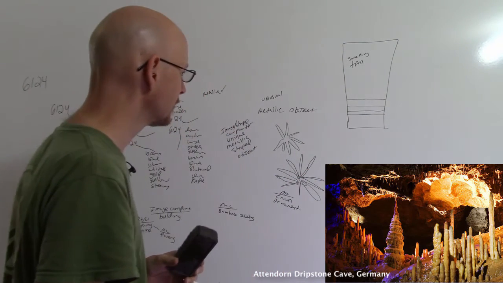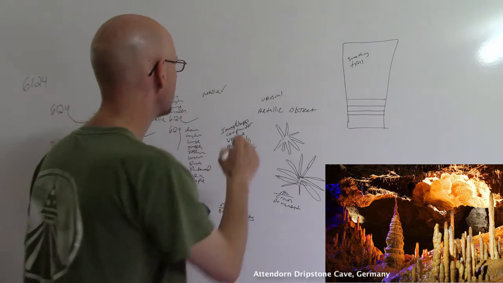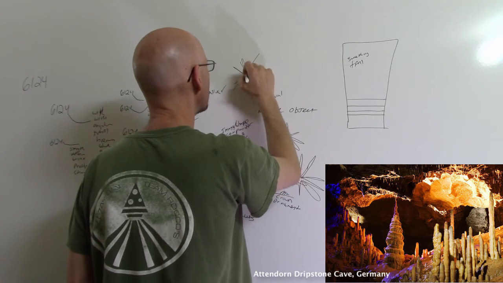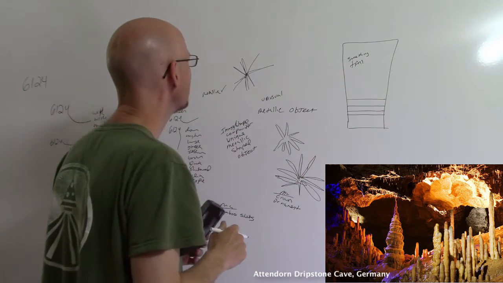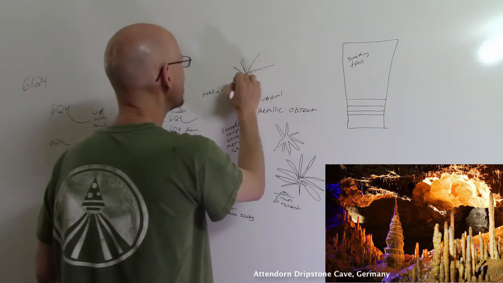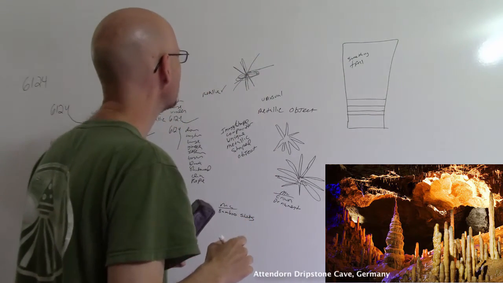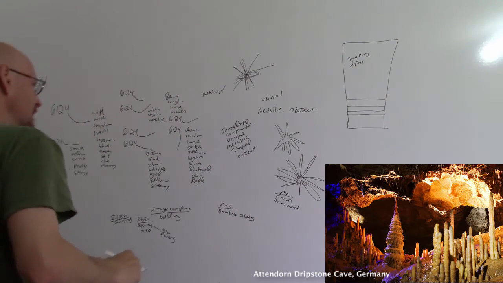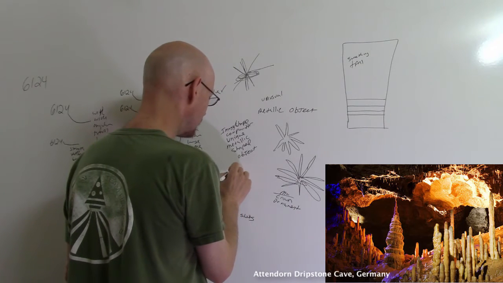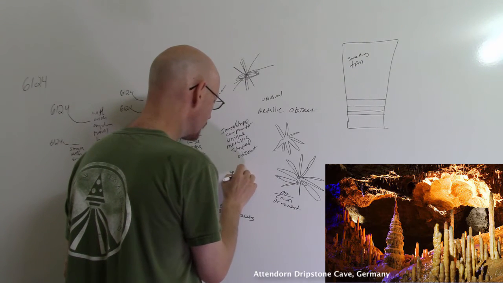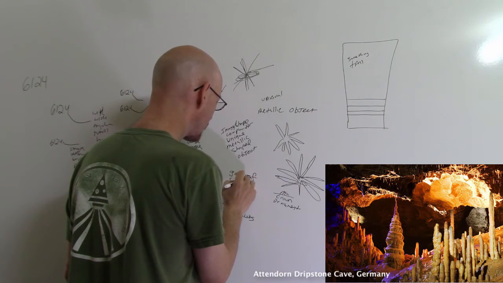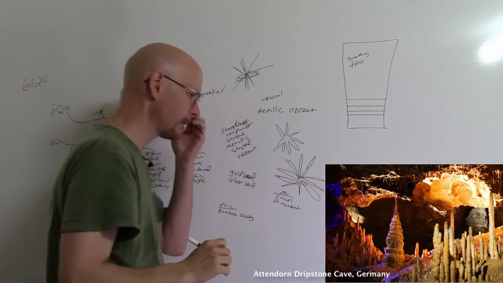Again, these comparators here, like gold leaf, silver leaf, that kind of thing.